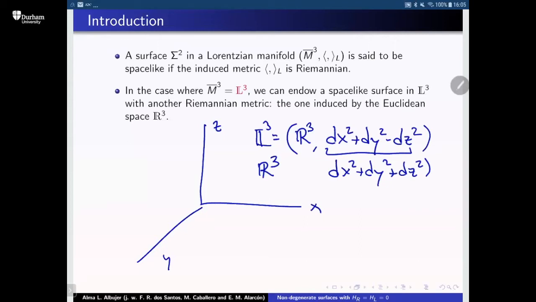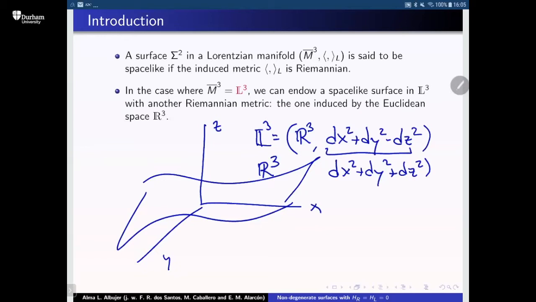So we have the same topological manifold, R3, endowed with two different metrics. One Riemannian metric, so we get the Euclidean space. One Lorentzian metric, and we get the Lorentz-Minkowski space. Therefore, if we have a space-like surface in the Lorentz-Minkowski space, we can endow this surface with two metrics: the metric induced from the Lorentz-Minkowski space and the metric induced from the Euclidean space.